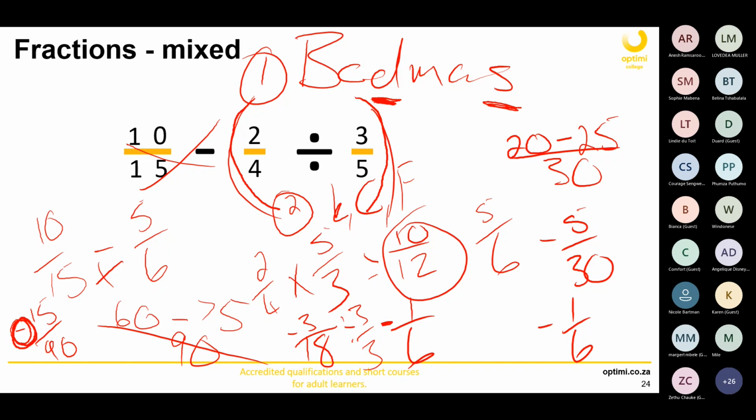Different routes, same destination. That's what happened here. Some guys said we're going to use 30 as a common denominator. Some guys said we're going to use 90 as a common denominator. In the end, we both got to Cape Town to -1/6. Okay. Great, guys. What's next?